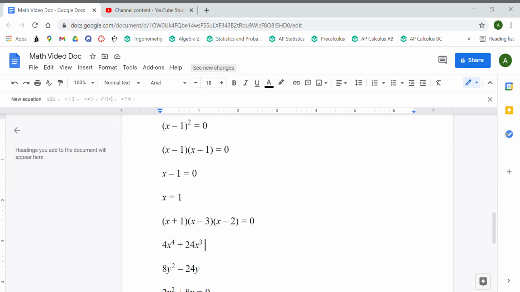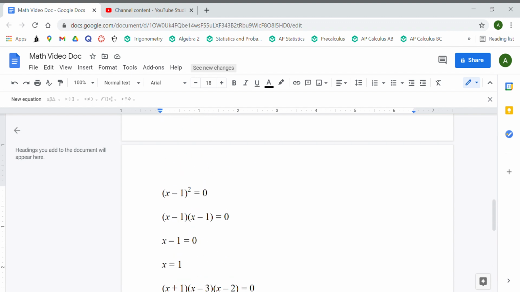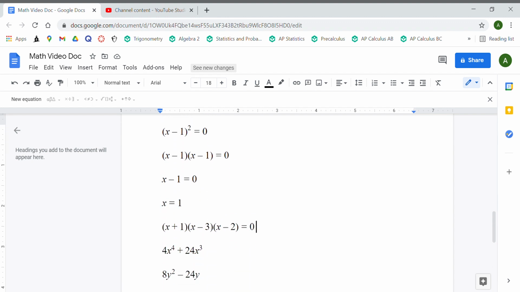Now take a look at this one. Same thing, but with 3 parts, not 2 or 1. Okay, so try it out. See what you get. Okay, so let's try it out.